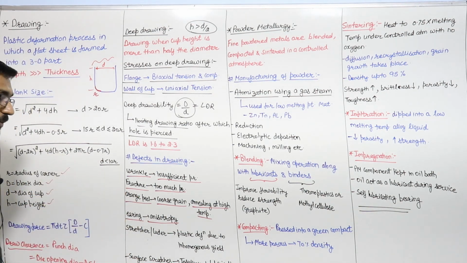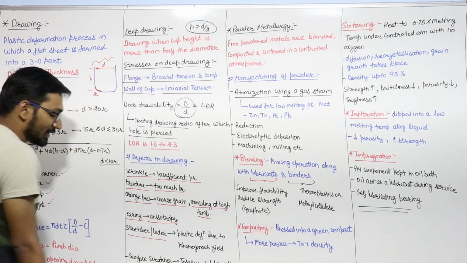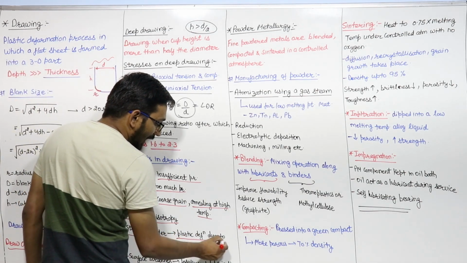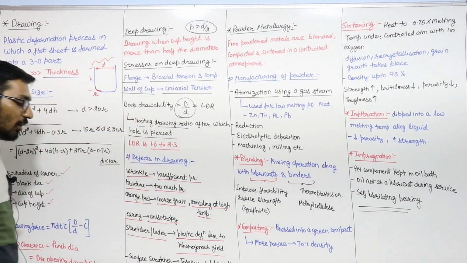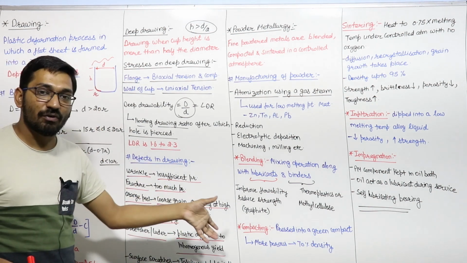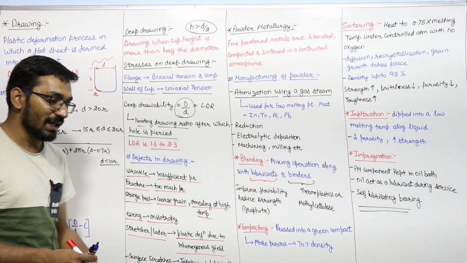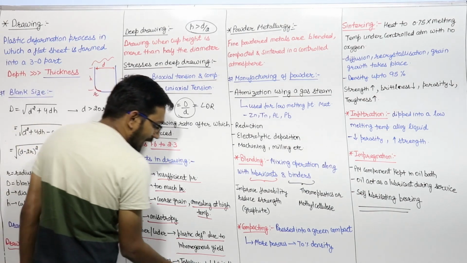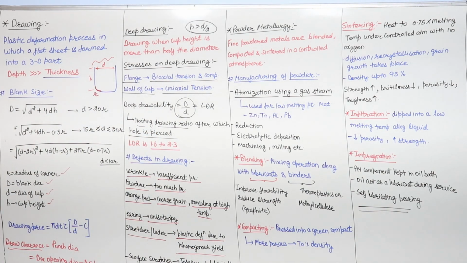Another defect is stretcher or Luder lines, which is because of plastic deformation due to inhomogeneous yielding; your yielding is not homogeneous. Another one is surface scratches, which are because of insufficient lubrication.